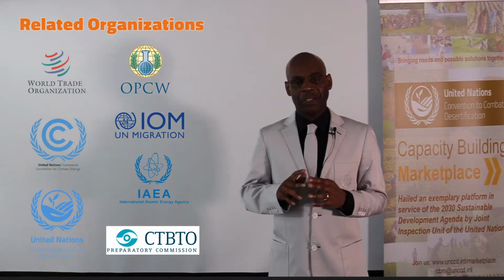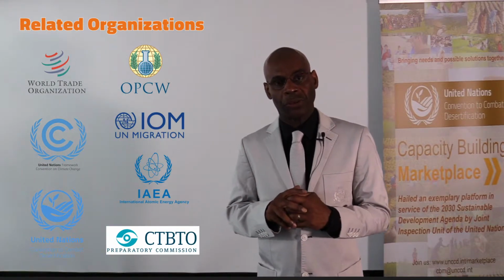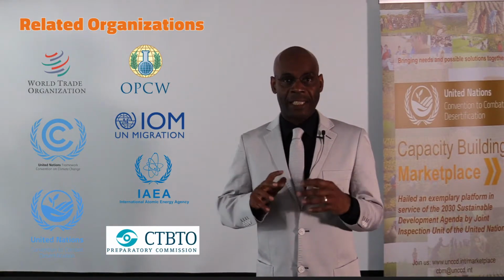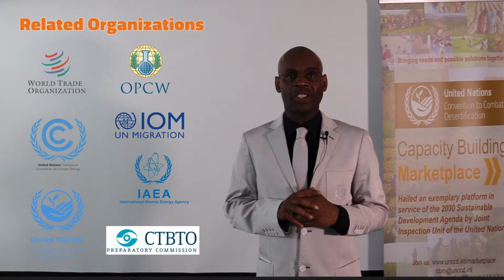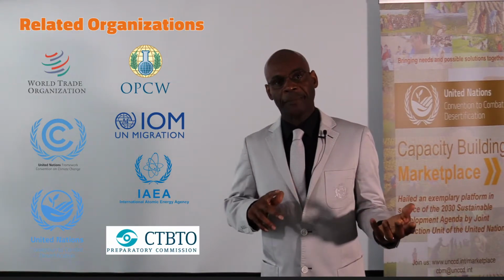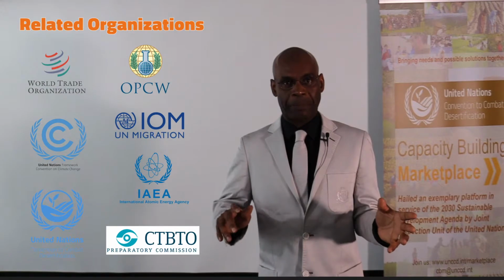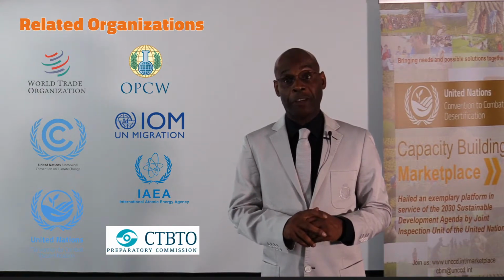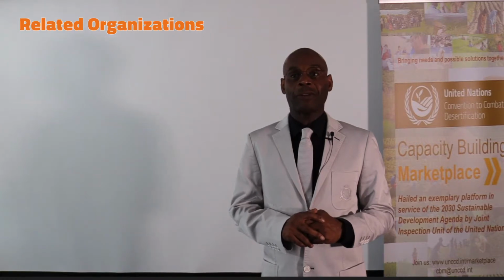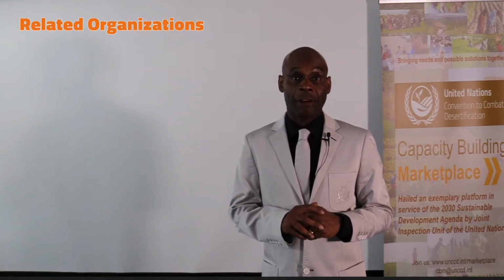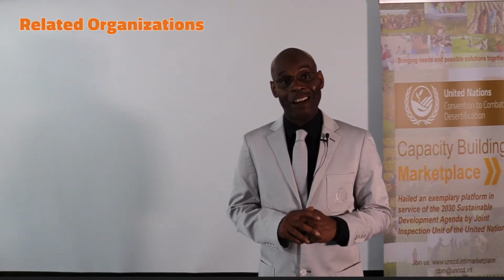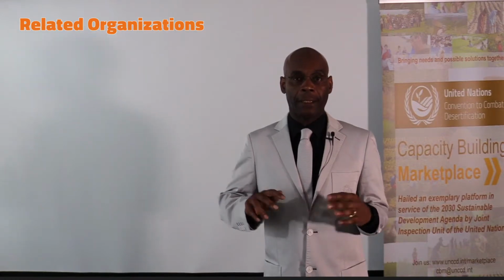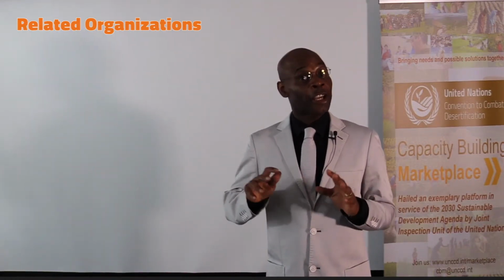Now, these are bodies which have a direct relation to the United Nations, and the executive board of the United Nations in one way or the other helps to manage or govern how these bodies operate. And as you might know, for example, the executive secretaries of these bodies are appointed directly by the Secretary General of the United Nations.